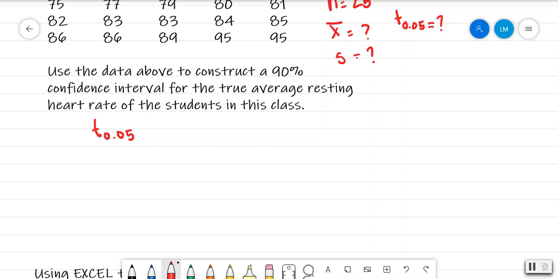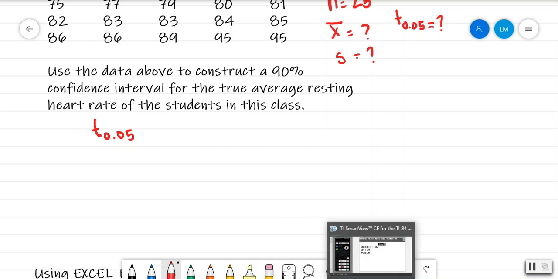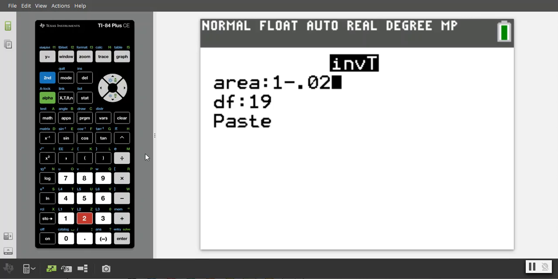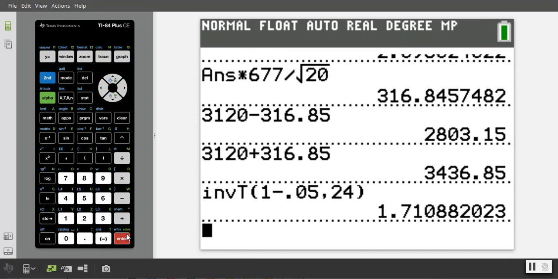Because you have the percentage is 10%, which is the alpha, but since it's two-tailed, it's divided by 2, so that should be 0.05. The next step is that we know how many samples there are. There's 24 degrees of freedom. So this tells me that my t-value is 1.7109.